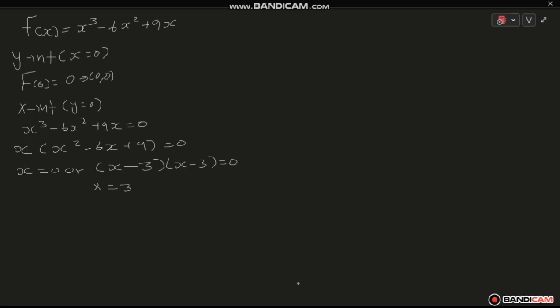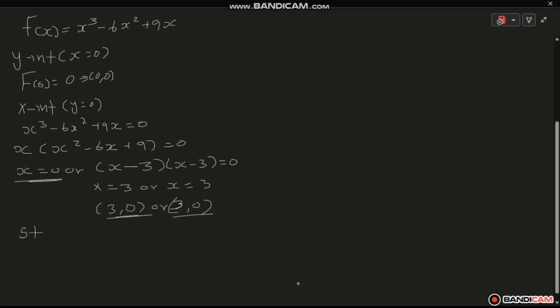Then you solve for x: x equals 3 or x equals 3. So in coordinate form it will be (3, 0) or (3, 0). And the coordinates up there, we're having (0, 0), as you can see.